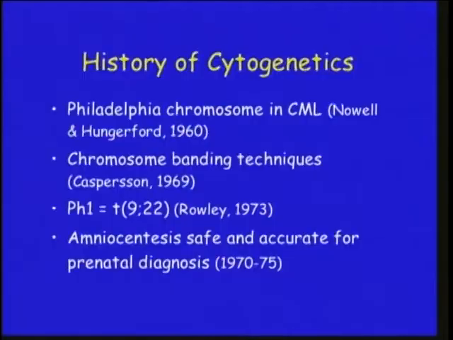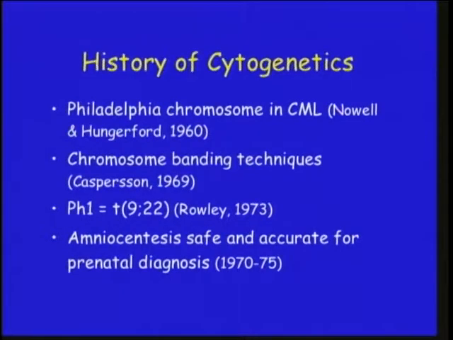And it wasn't until a number of years later when chromosome banding techniques were introduced and then cytogeneticists could begin to see more subtle abnormalities in the chromosomes. So a few years later, Janet Rowley figured out that the Philadelphia chromosome was not a deleted 21, but that it was actually a balanced reciprocal translocation between chromosomes 9 and 22.